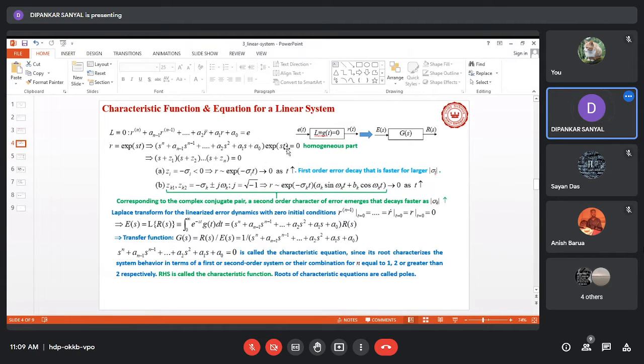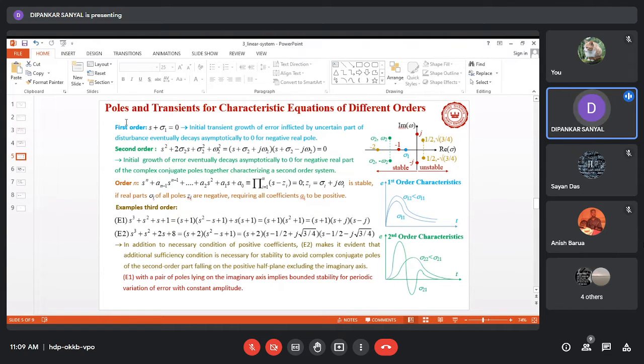Okay. So with that understanding, now we just consider a simple first order characteristic function.